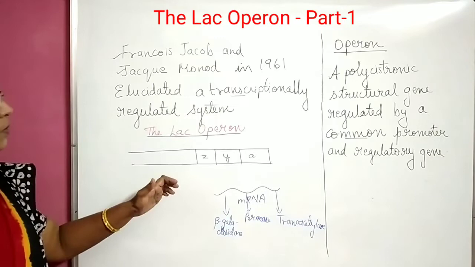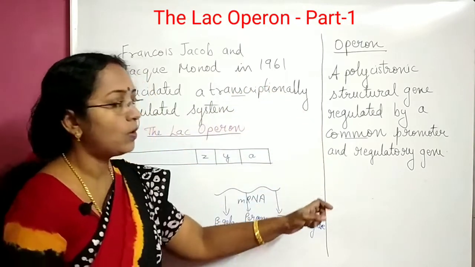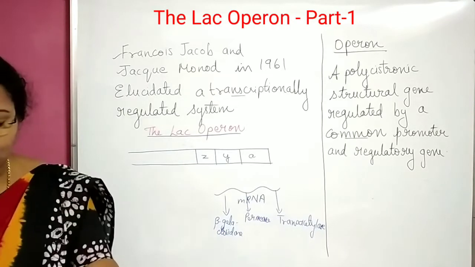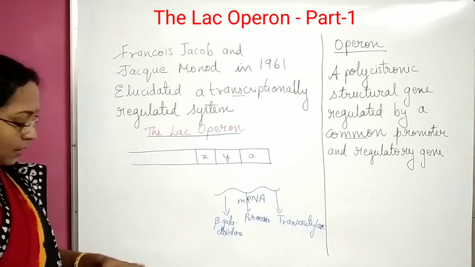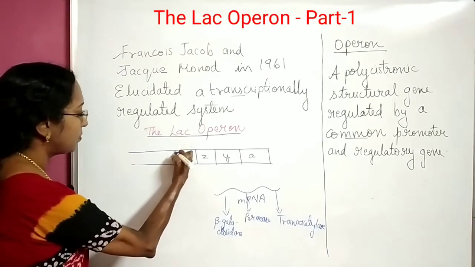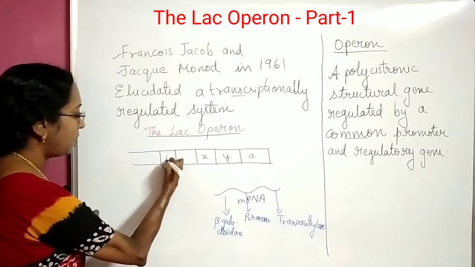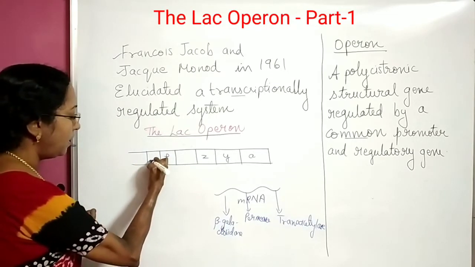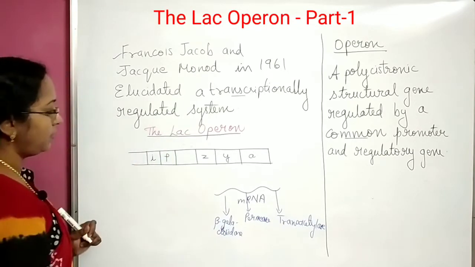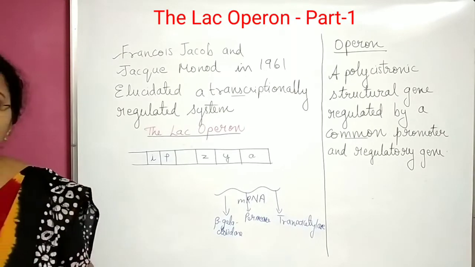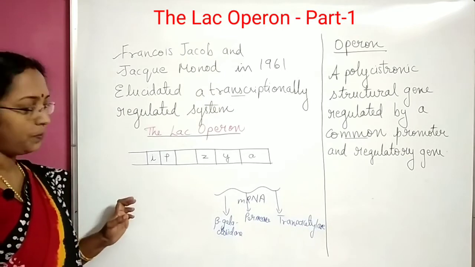Now as I have told you, these three genes have a common promoter as well as a regulatory sequence. So that sequence I am writing here. Here is the promoter and here is the regulatory gene. The regulatory gene is denoted by the letter I, so the I gene is the regulatory gene here.